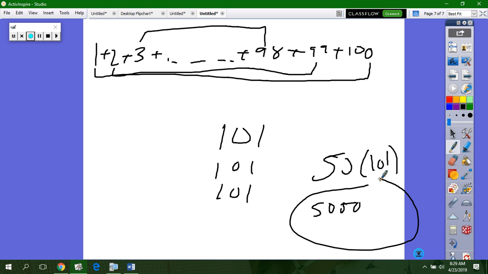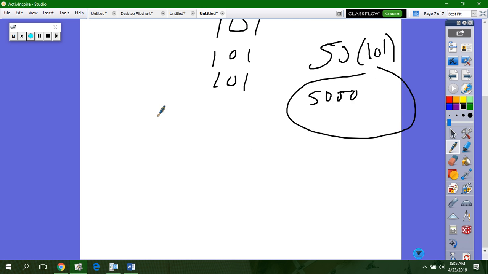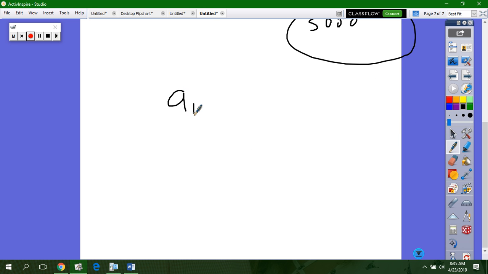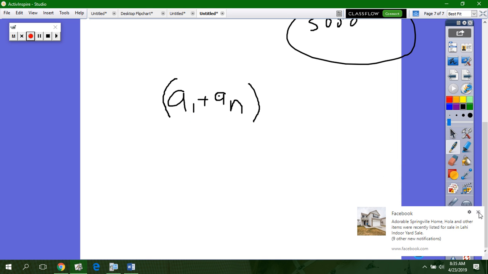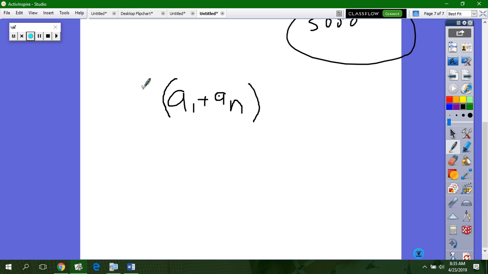Okay. So let's go ahead and write it in a generic form, though. So really, what did the guy do? He took the first term and added it to how many? To the very last term. How do I write the last term? In our case, it was 100, but in the general case, I do a sub n, meaning the final term, right? Okay. And then where did we get our 50 from? He did the number of numbers there were. What could we say that would be?